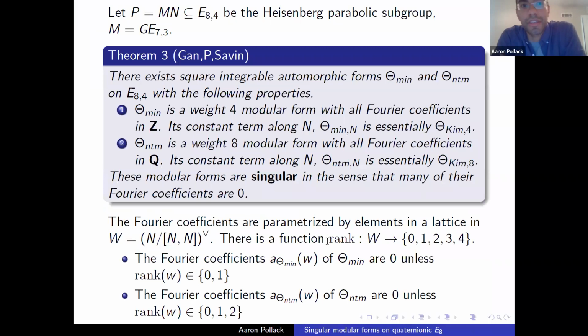Now I can get to the main result that I want to talk about. Here's the theorem, and it's a combination of work of Wee Tek Gan, myself, and Gordon Savin, putting together various results of the three of us. I'll explain who does what in the proof. There are square integrable automorphic forms, theta min and theta next to min, on E8 with the following properties.